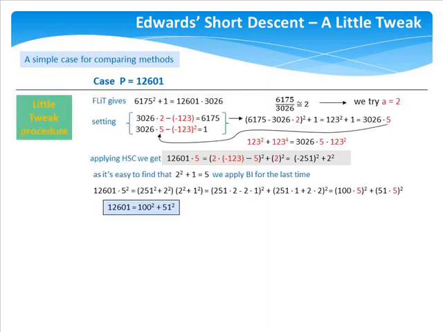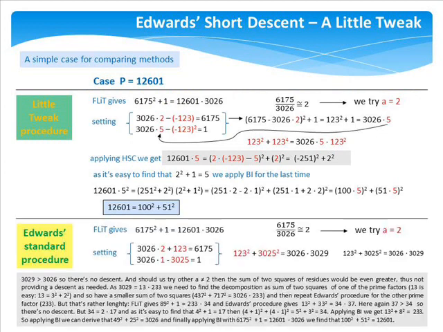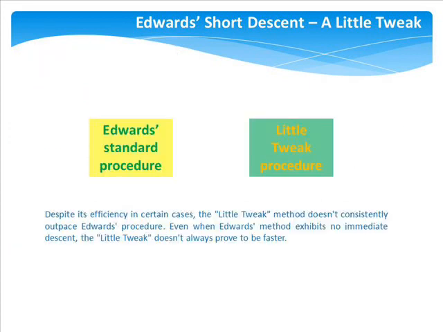We observe that the little tweak method swiftly resolves the problem, whereas Edwards' procedure entails numerous steps, prolonging the process considerably. Press pause here to go through the explanation. However, it's worth noting that despite its efficiency in certain cases, the little tweak method doesn't consistently outpace Edwards' procedure.